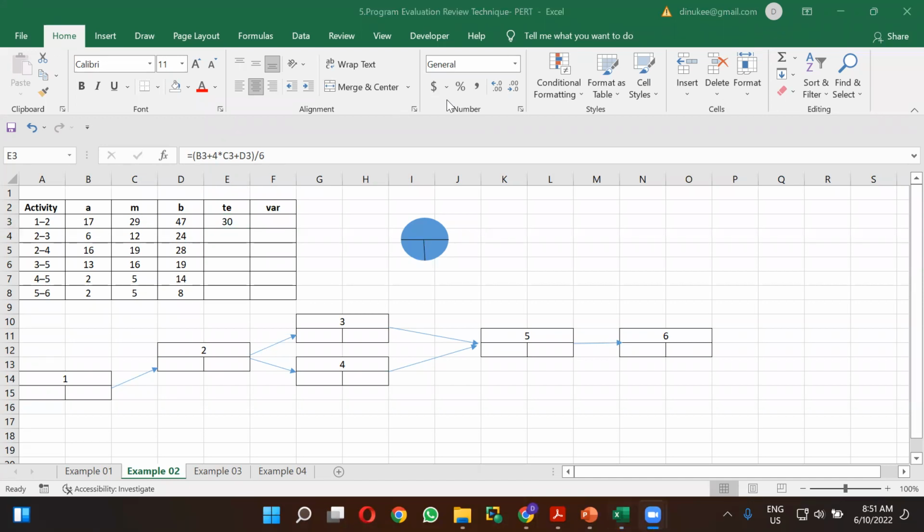Right, very good. So likewise, you have to calculate the expected time for each of these activities. See whether you are getting similar answers. Once you have completed, please let me know.